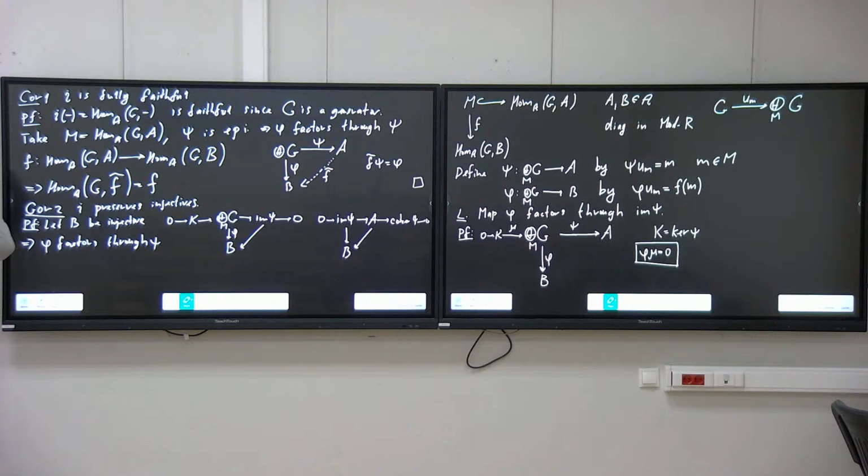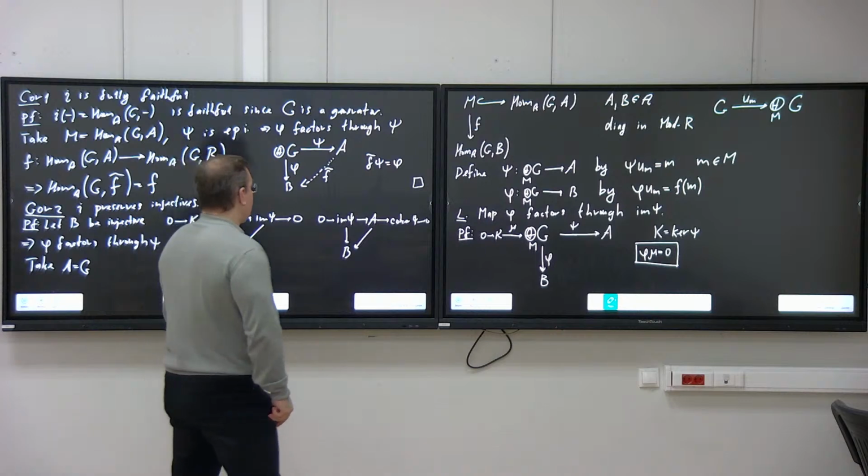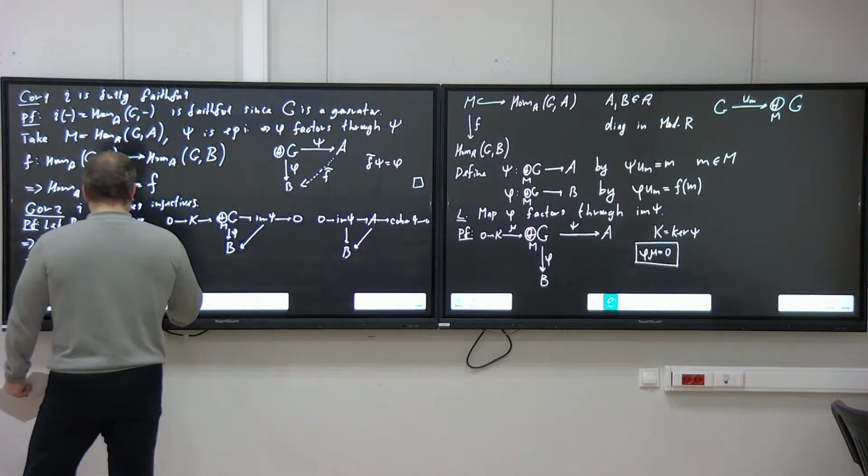Now I want to be a little bit more specific. So I want to take object A to be the generator. So A is equal to the generator. Now we can notice that in this diagram, maybe I now rewrite this diagram.